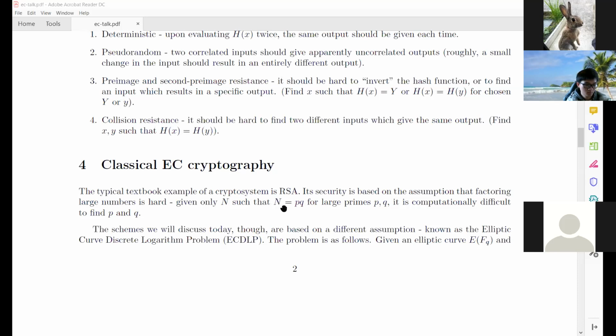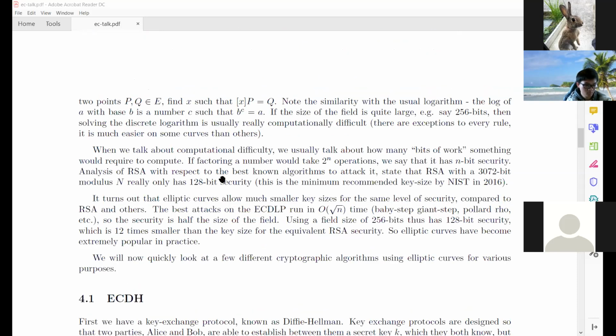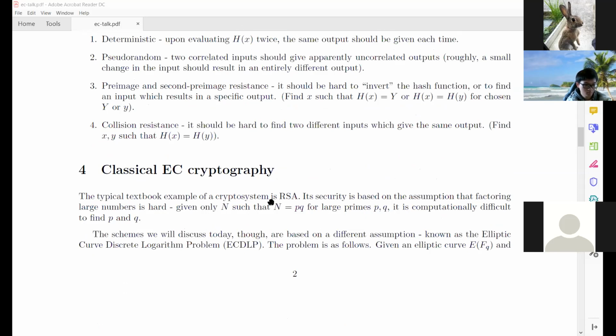So the idea is that if you have two big primes, P and Q, and multiply them together and get a big N, then if you give someone this big N, it's hard for them to find the factors P and Q. That assumption is what underlies the security of the scheme. If someone could factor them, then they could break the scheme. That's how a security proof kind of works. I won't cover RSA because I don't think it's necessary today. If you are interested, there are lots of descriptions of how it works in textbooks and online.